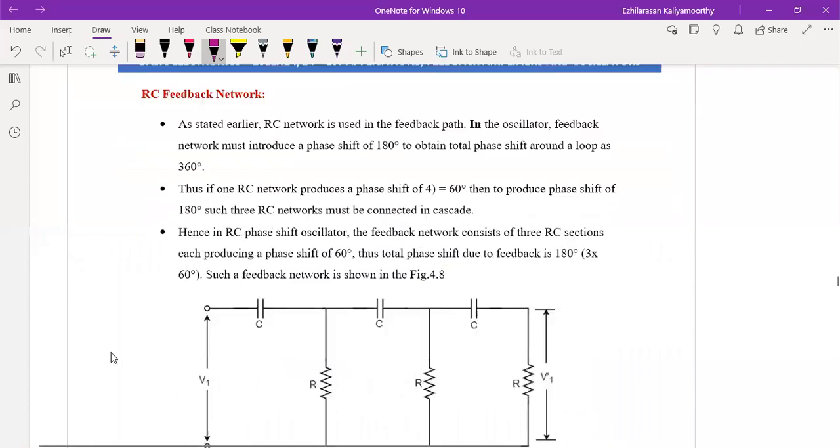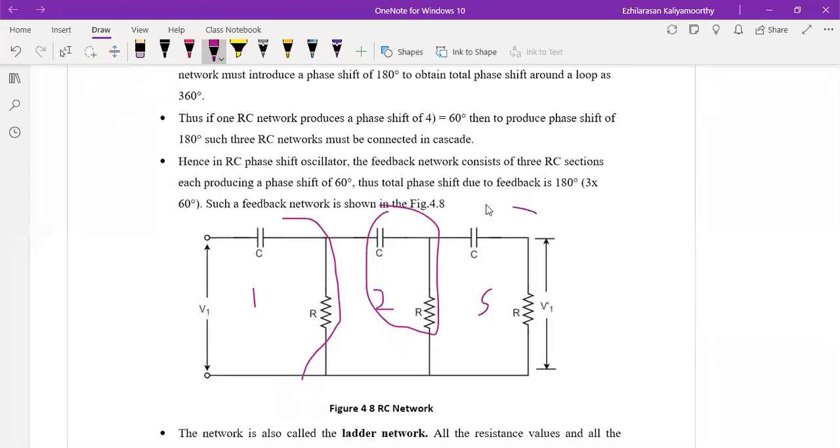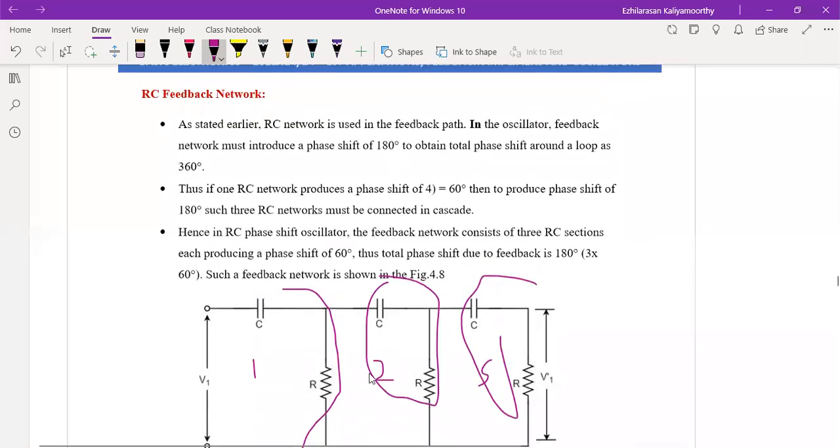That is what we have done here: this is the first, this is the second, and this is the third. So in total three RC circuits are cascaded, that is CR, CR, CR.